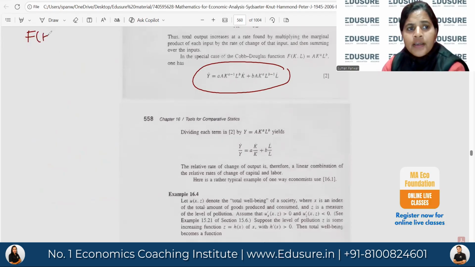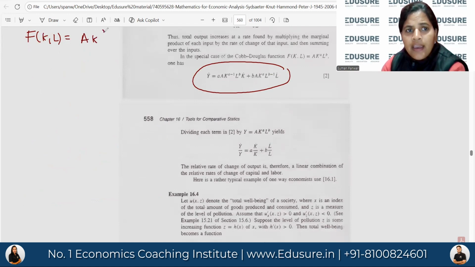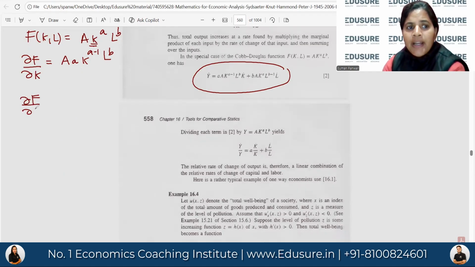So if f(k, l) is A k^a l^b, then del f by del k should be A a k^(a-1) l^b. L is a constant, only k is the variable here. So we are using the power rule of derivatives. Del f by del l should be A b k^a l^(b-1).